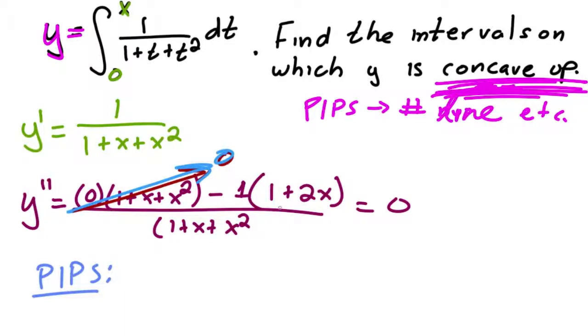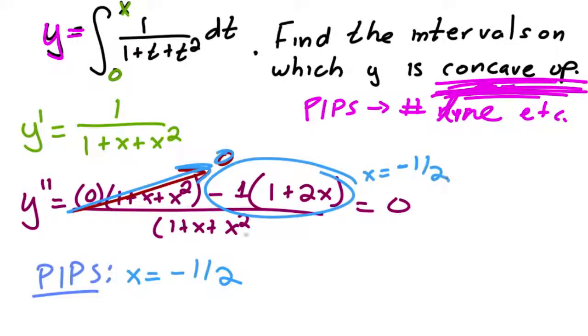And so that's going to be x equals negative 1/2. So that's what I get from this one for a pip. Now for the bottom, there is no solution to this one, so I'm not going to worry about it. So this is my only pip, my one and only pip.